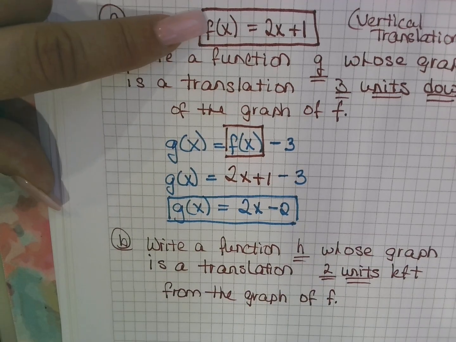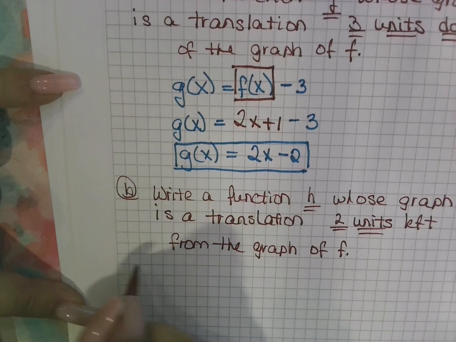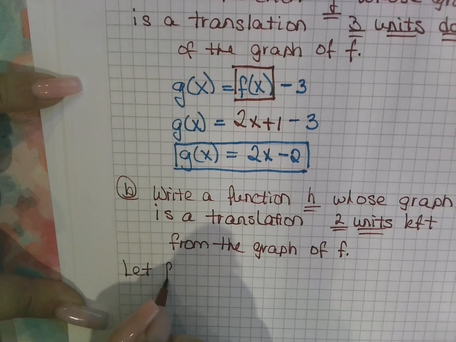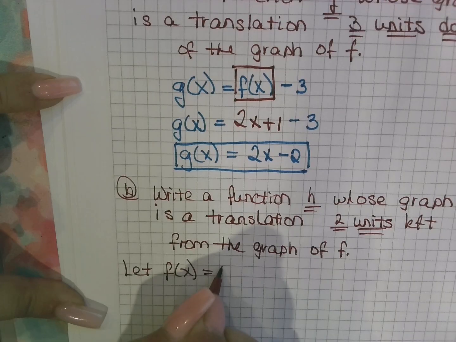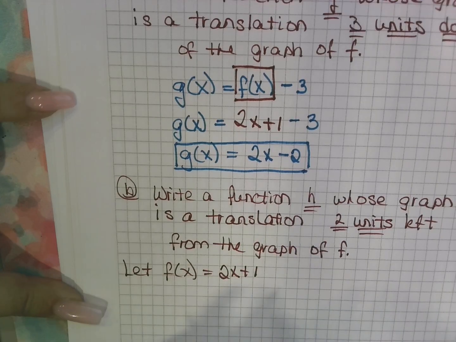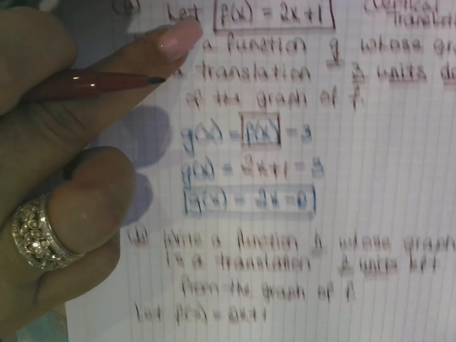Now f is going to be the same f we had up here. So I'm going to let f of x, I'm just copying it. It's the exact same function we had up there.